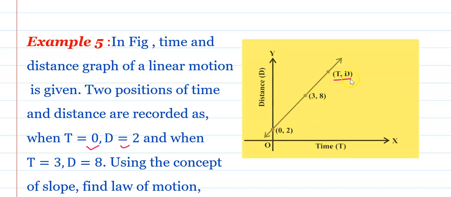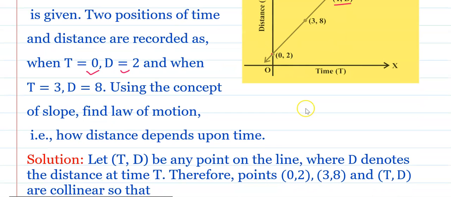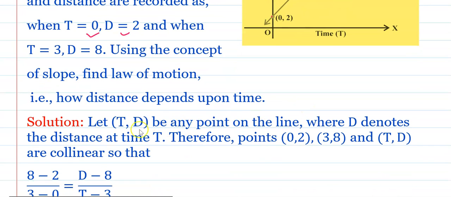And this is the general point, time and distance. Here we will find the slope of the first two points and the slope of the second and third points. Let (t, d) be any point on the line, where d denotes the distance at time t, and therefore the points (0, 2), (3, 8) and (t, d) are collinear.